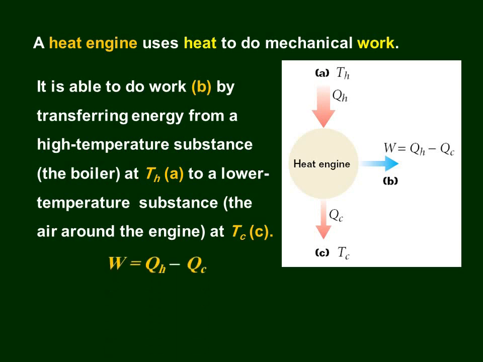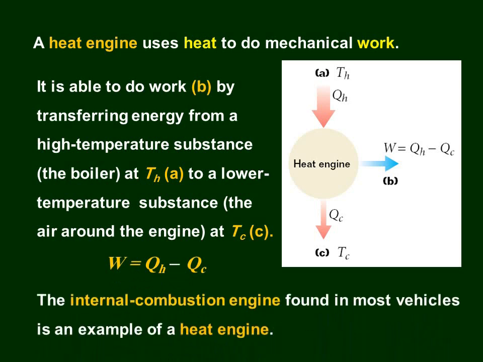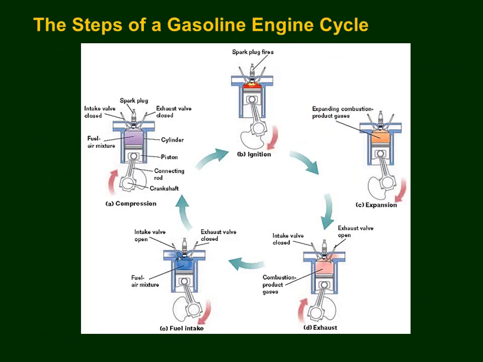So the work done equals QH minus QC. An internal combustion engine, the car engine found in most vehicles, is an example of a heat engine. Heat is used to do mechanical work to move the car.